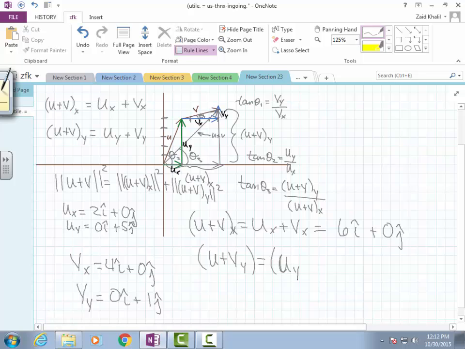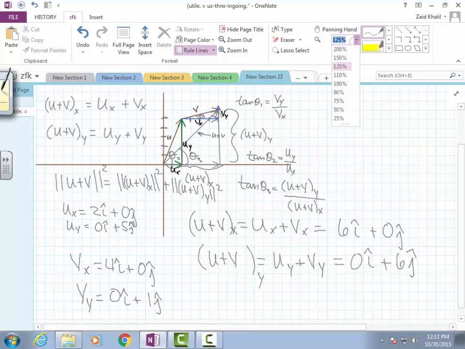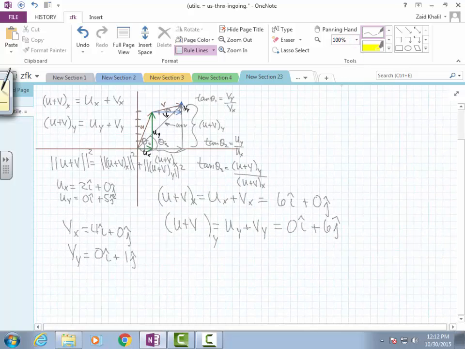That's Uy plus Vy, so it's 0i hat plus 6j hat. And so then let's look at the tangent of each of these angles. Let's actually zoom in even further.